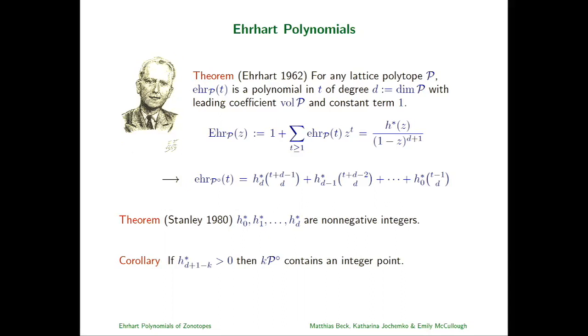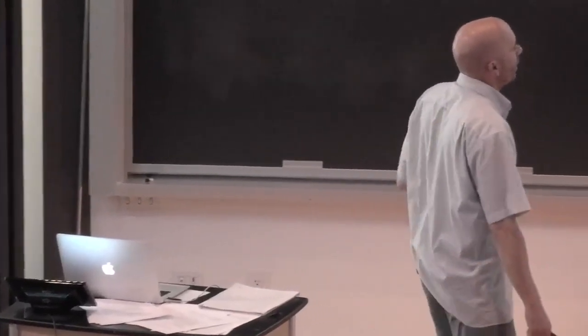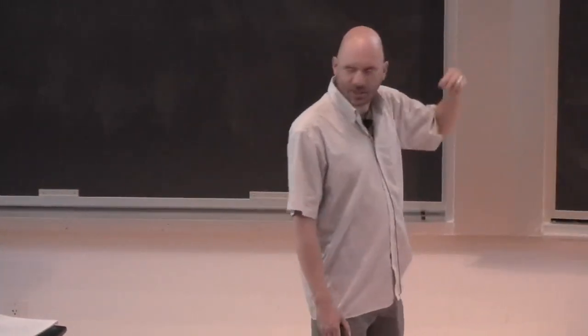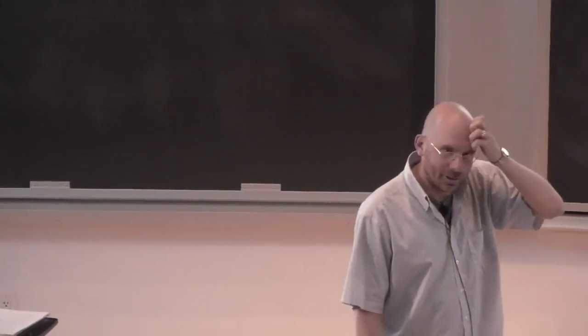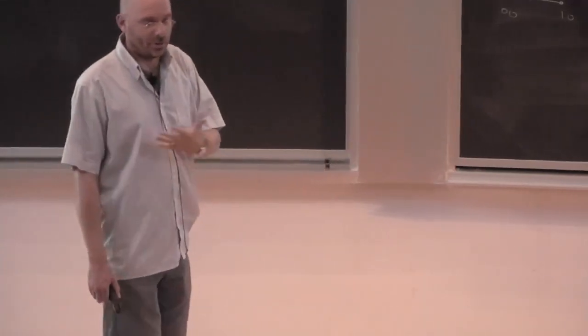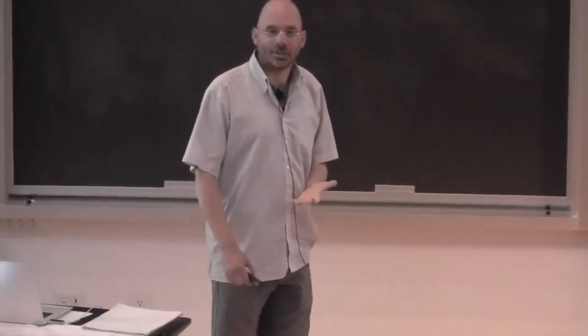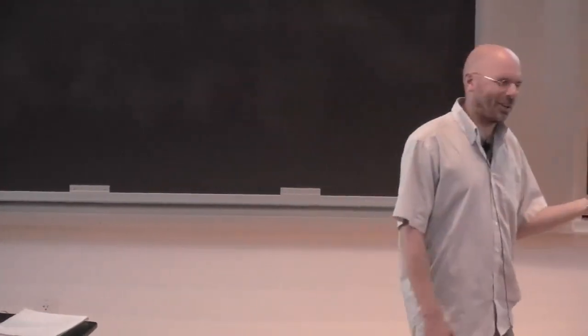This philosophy is not restricted to Ehrhart polynomials. Some of you know the story, but why is there a chromatic polynomial? The chromatic polynomial was constructed by Birkhoff because he wanted to prove the four-color theorem. So the chromatic polynomial was sort of a byproduct of somebody trying to prove the four-color theorem.